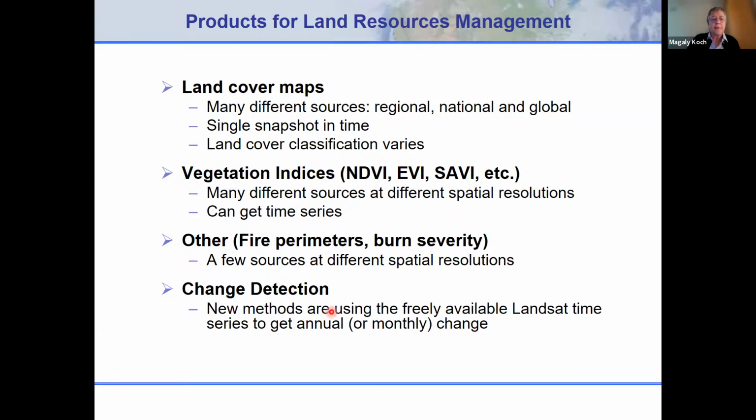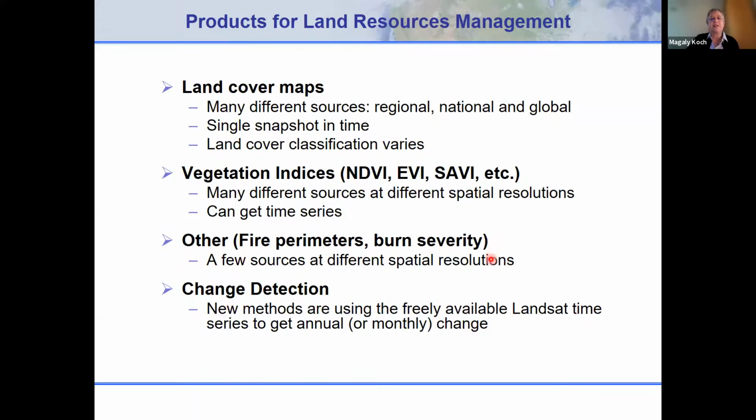And then, of course, we can do something with these images, not only convert them into land cover maps, but also extract very specific targeted information from them. Vegetation indices is an example, or if we are interested in monitoring wildfires, for example, we want to detect the location of the wildfires, but also the effects of the wildfire, burn severity and all that.